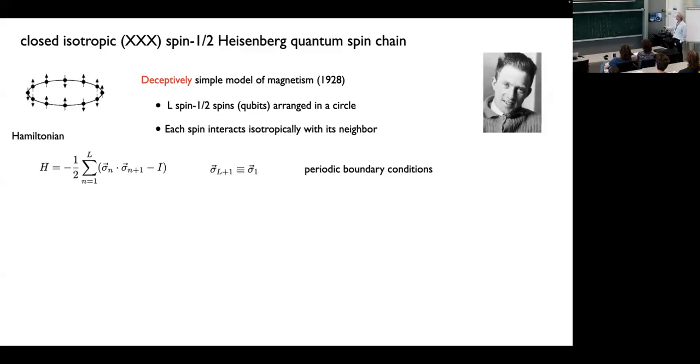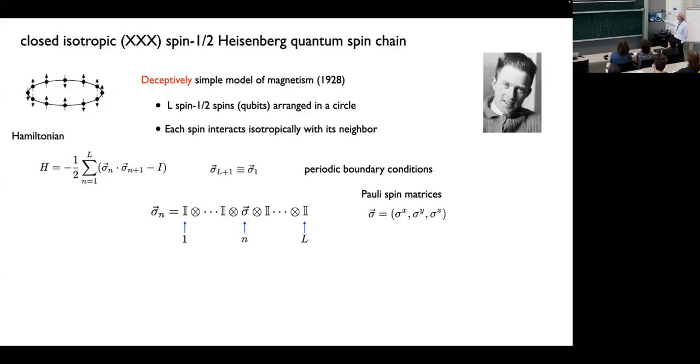When n is equal to L, I have this sigma L+1, which you identify as sigma 1. So this implements periodic boundary conditions. And then sigma n means at site n, it's Pauli matrix sigma, otherwise it's identity.